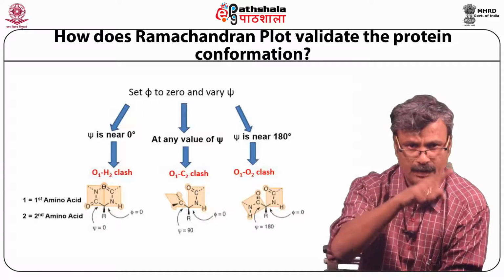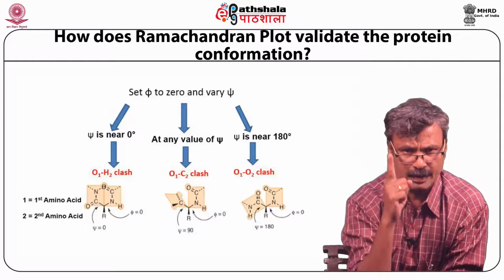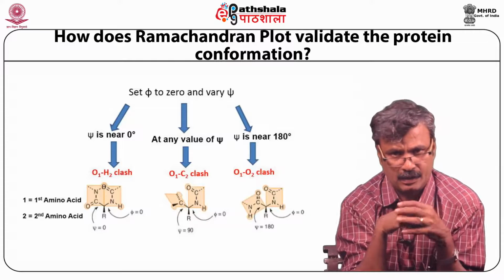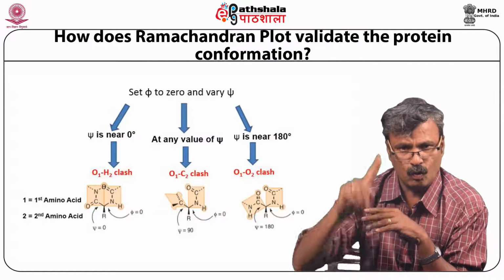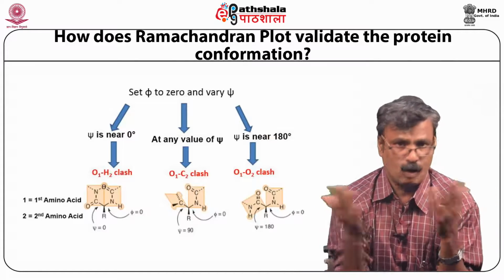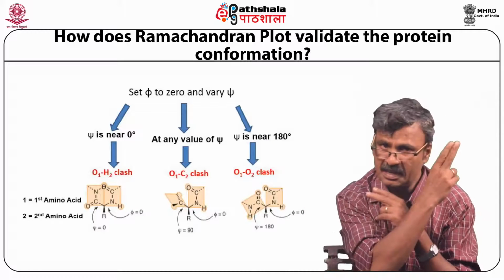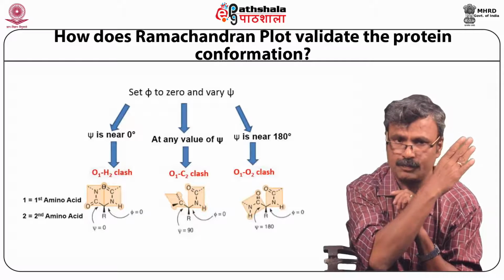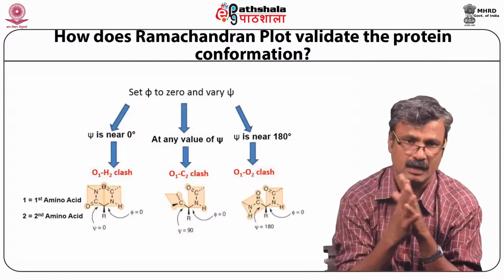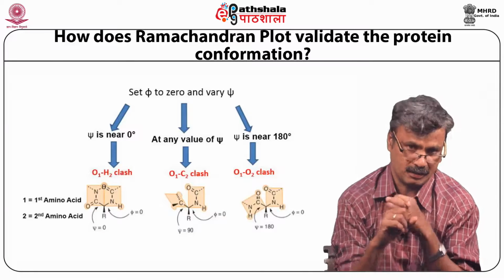So when both phi and psi are 0, we get an O1 and H2 clash. In this case, when phi is near 180, an O clash is happening. But anyway, all these clashes are sterically increasing the energy. So this kind of phi-psi combination cannot exist for steric reasons, energy reasons.